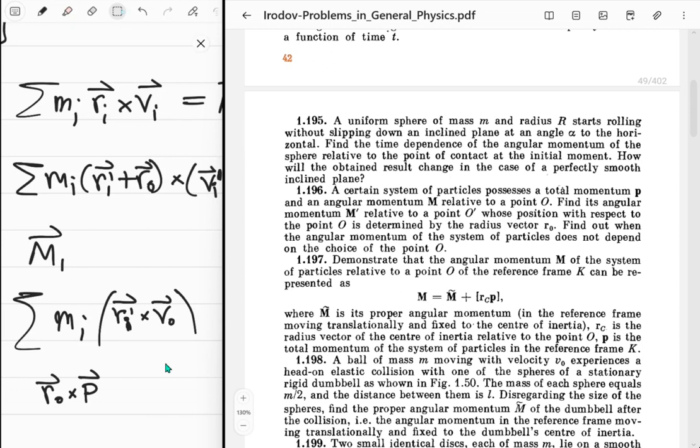It really is just like v naught. So it's a summation of mi and then ri vector, and all of that cross v naught vector, right? Because v naught is a constant, and that's why you take it out. And now, what is this? Ri dash.